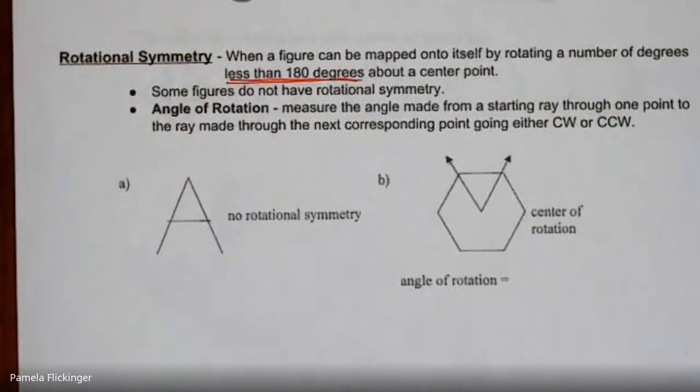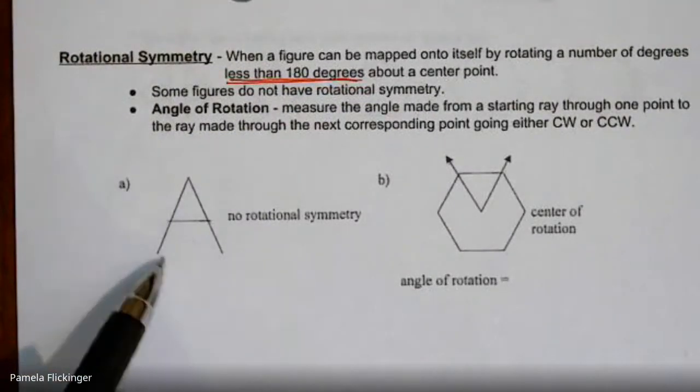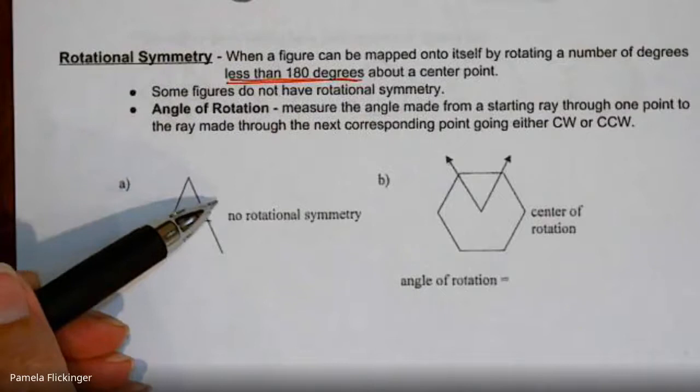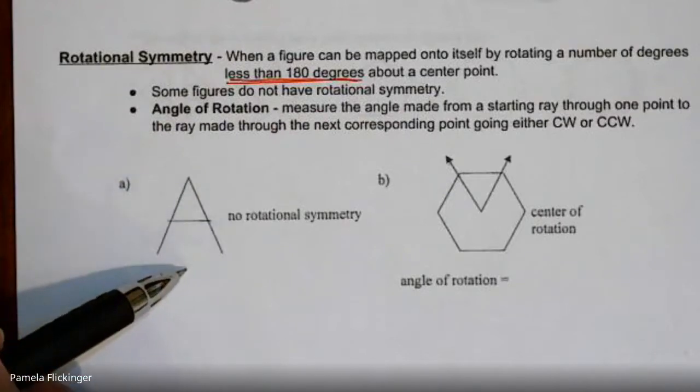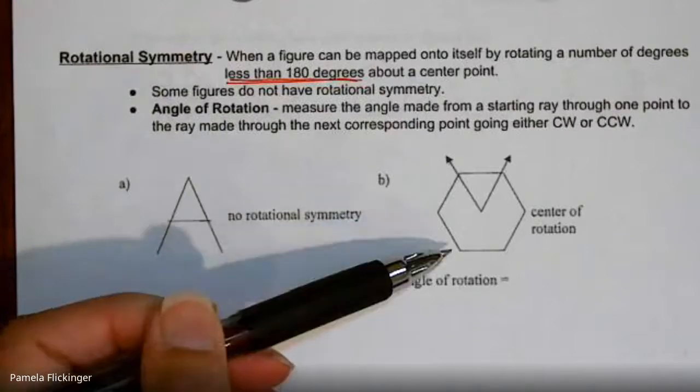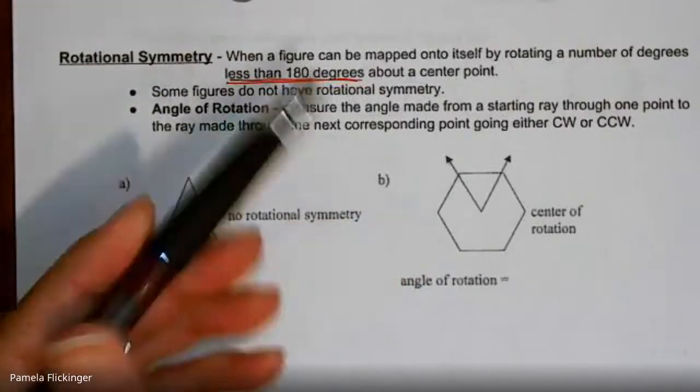All right, so down here, the letter A does not have rotational symmetry. All right, there's no way to rotate that figure around any number of degrees where it's going to look exactly the same as it does in its original position. All right, but letter B does. This is a hexagon. All right.